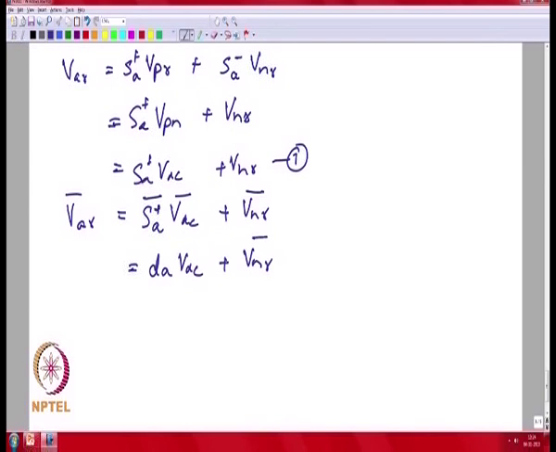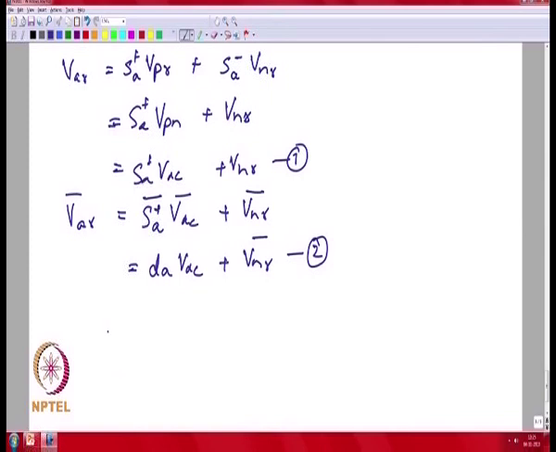So, the first one is the switching function model, and the second represents essentially the average model, and you can actually drop these bars without any significant ambiguity in what type of model you are writing, because you know that the switching function represents a discontinuous function, whereas dA represents a smooth, continuous function.